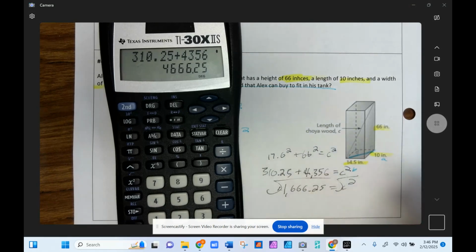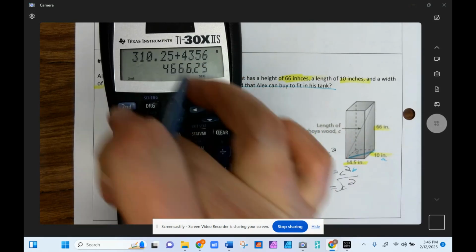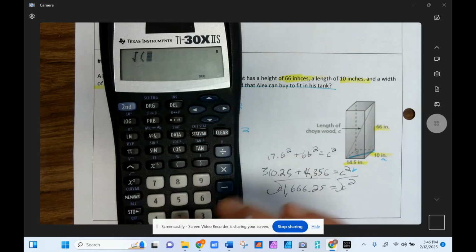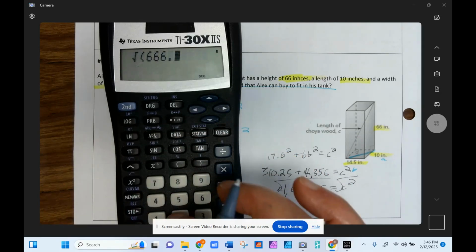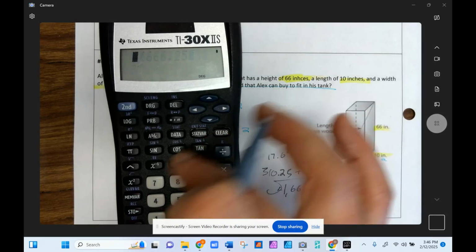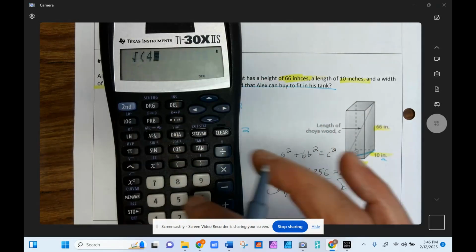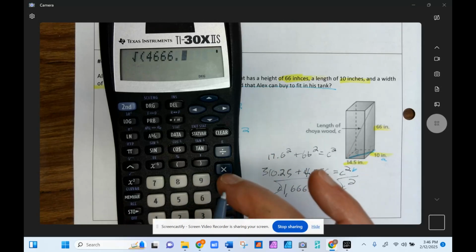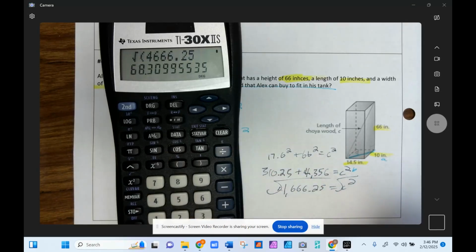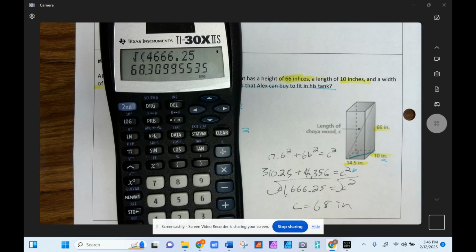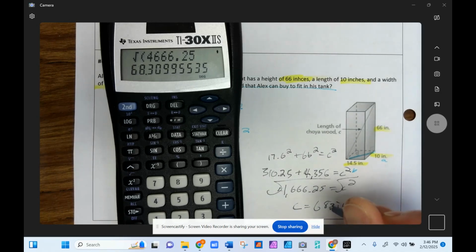Square here, square here. And let's see if this will do it. Yeah, there we go. 4,666.25. The square root of 4,666.25 is equal to 68.3, let's say.